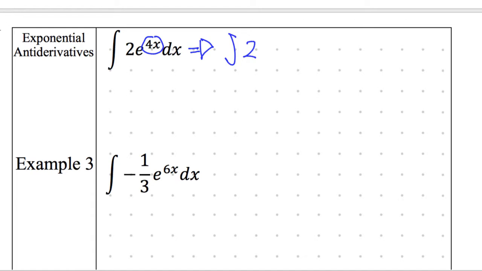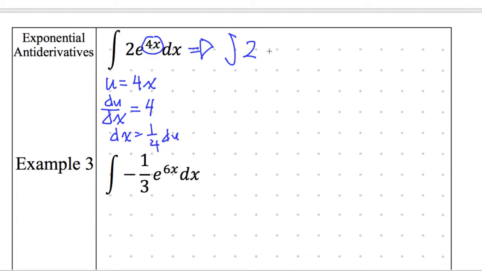Is 4 1? No. If the derivative of the inner is not 1, you always have to use U-substitution. So let's do this one really quick, and because it's Friday, I'm just going to rush through this. U is equal to 4x. Our du dx is equal to 4, which is not 1, therefore we actually are using this method correctly, and we know that we need to solve for dx, which is 1/4 du.